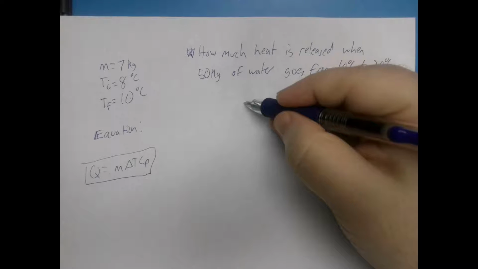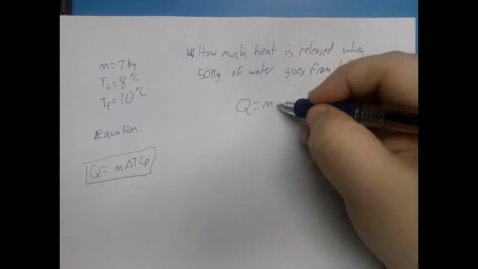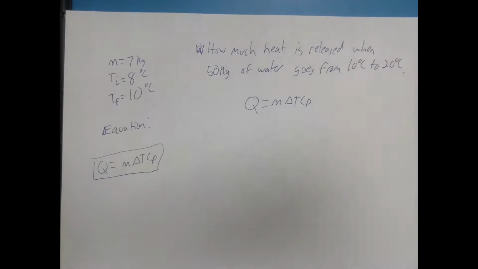So someone would come over here and write Q equals M delta T CP. Actually, they wouldn't write the equation, but I tell you, you need to start with the equation.